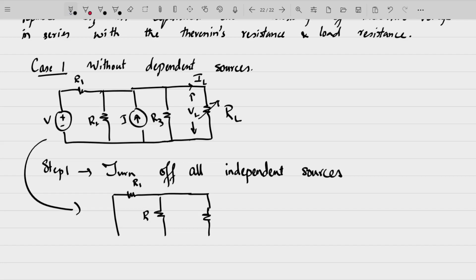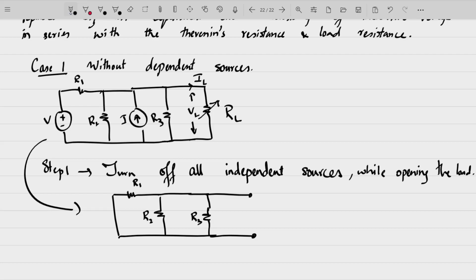You have R1, you have R2, you have R3, and then you have RL, that is actually your load resistance. So turn off all independent sources and you have to actually open the load as well. So this part of the circuit is now open.